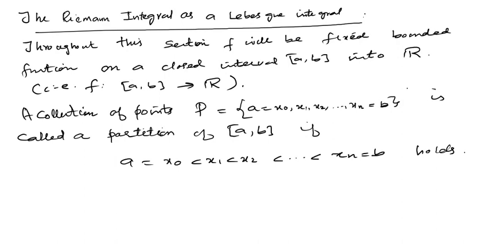Every partition will divide the interval. Suppose n is equal to 2, it will divide this interval into two subintervals, [x0, x1] and [x1, x2].